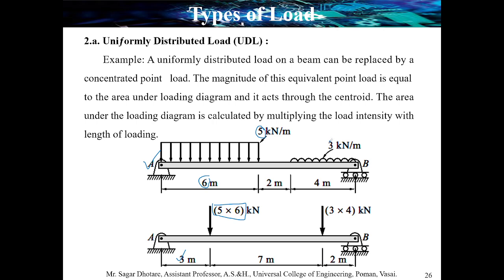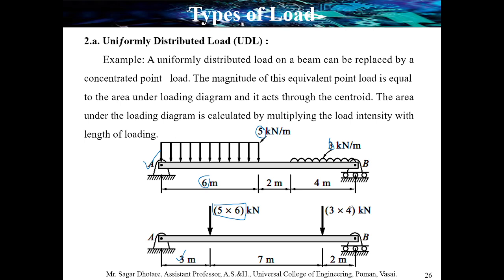Now look here: the magnitude of this uniformly distributed load is 3 kilonewton per meter, and the length is 4 meter. So the total magnitude of the single force is 4 into 3, that is 12 kilonewton.